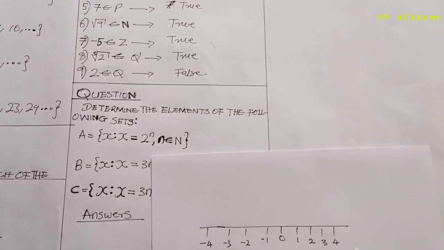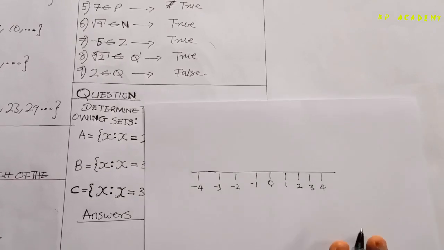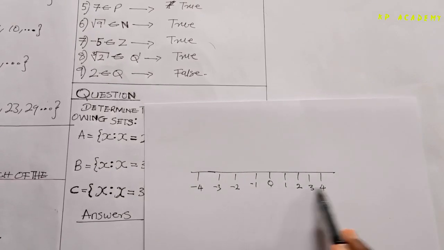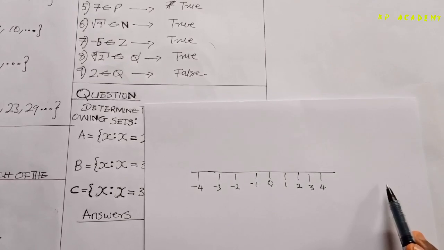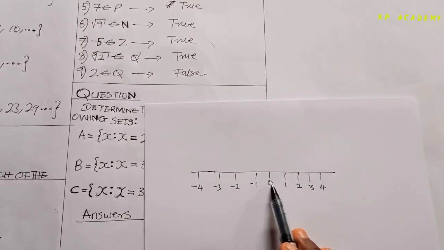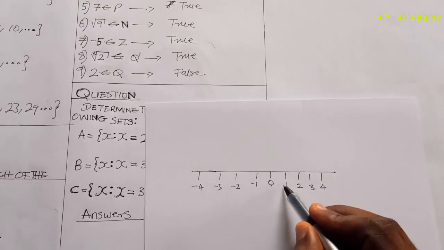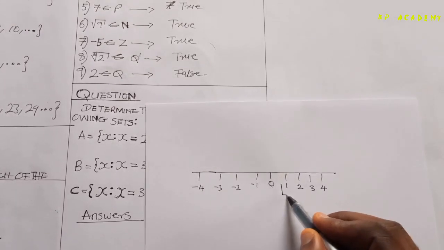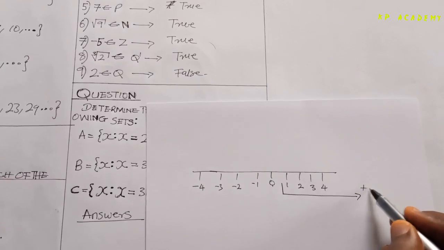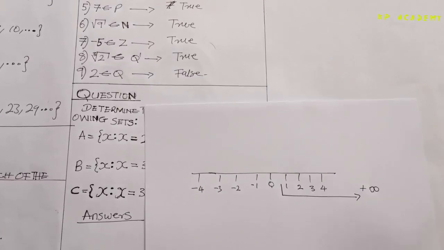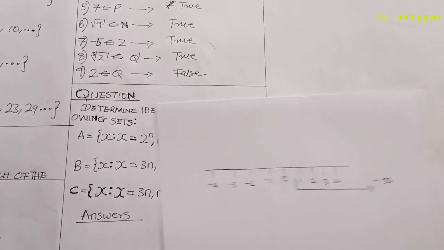Then from this 0 towards the right is towards the positive infinity, and from this 0 towards the left is towards the negative infinity. So natural numbers are those numbers that range from 1 up to positive infinity. All right, so those numbers are what we call natural numbers.